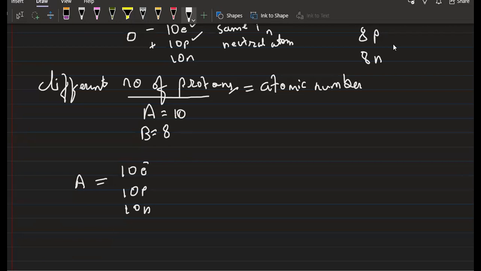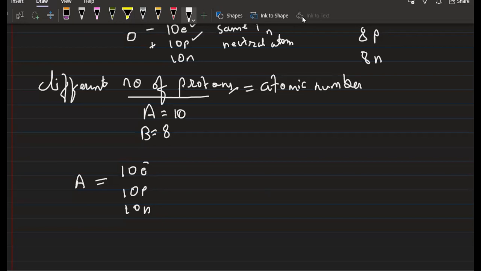That's what happens in atoms also. Why it happens, we will discuss later. But sharing of electrons happens in atoms. So suppose A has 10 electrons, 10 protons, 10 neutrons. Wait, let me change this.